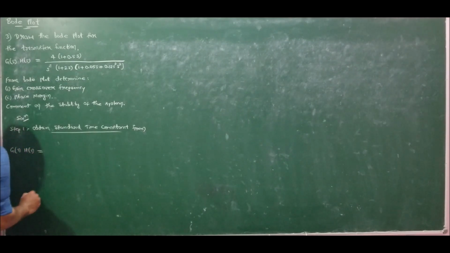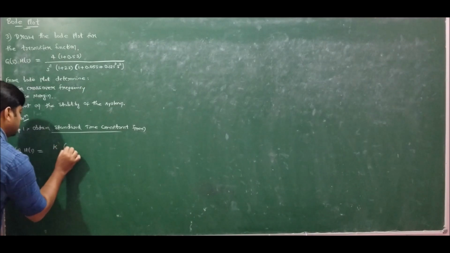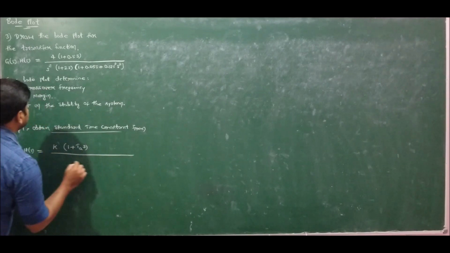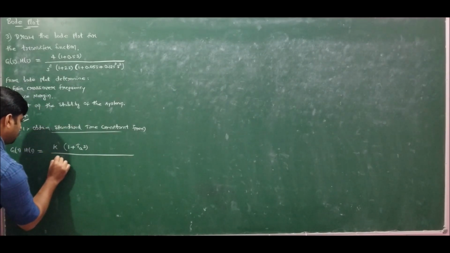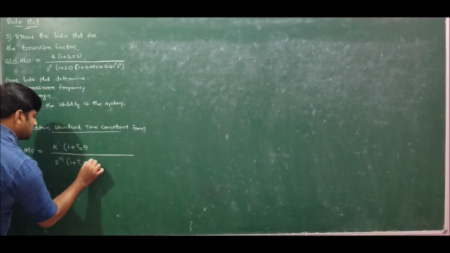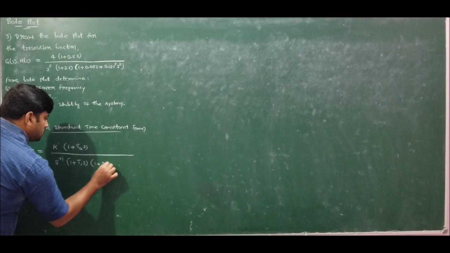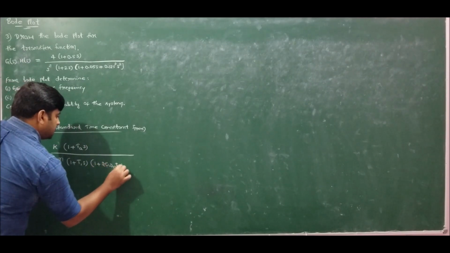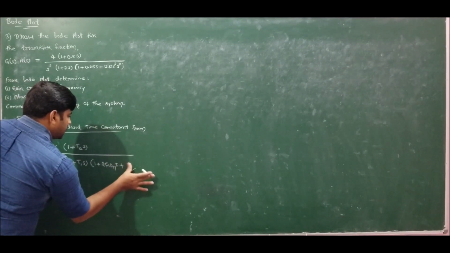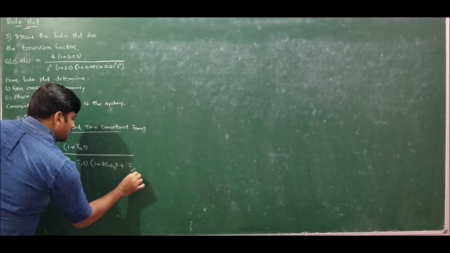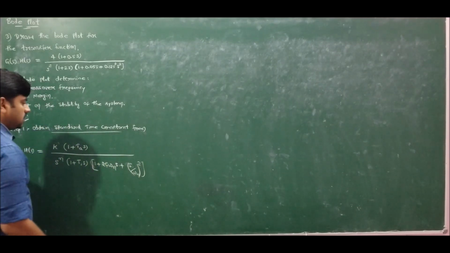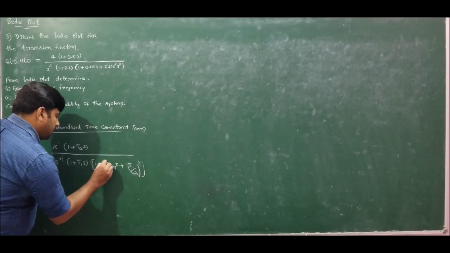If I recall the standard form, we get K(1 + Tas) divided by sⁿ(1 + T1s)(1 + 2ζ(s/ωn) + (s/ωn)²), correct? So this is the standard time constant form. This you people already know, where zeta is the damping factor or damping ratio.